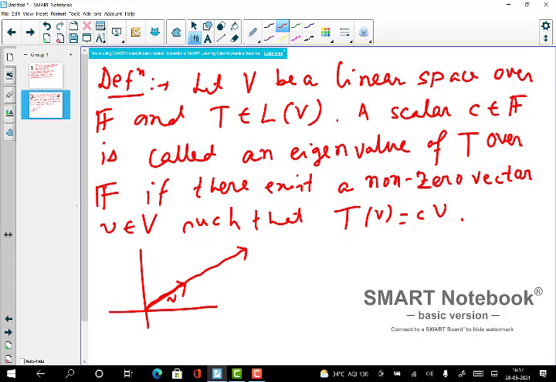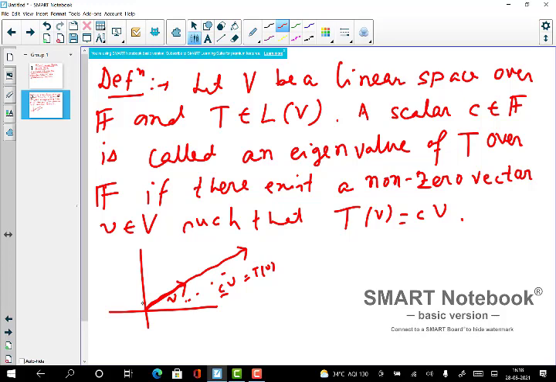So you have the original v, now it is cv, which is the image of v under T. This is the geometric meaning of an eigenvector, and the eigenvalue is that multiplication c. It can be 0 also, no problem; the image may map to the zero vector.